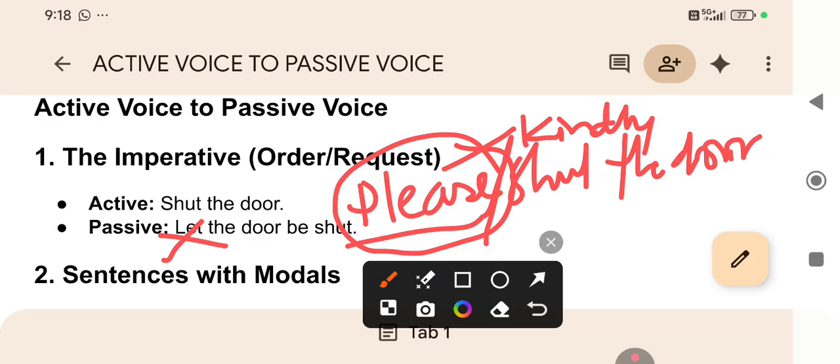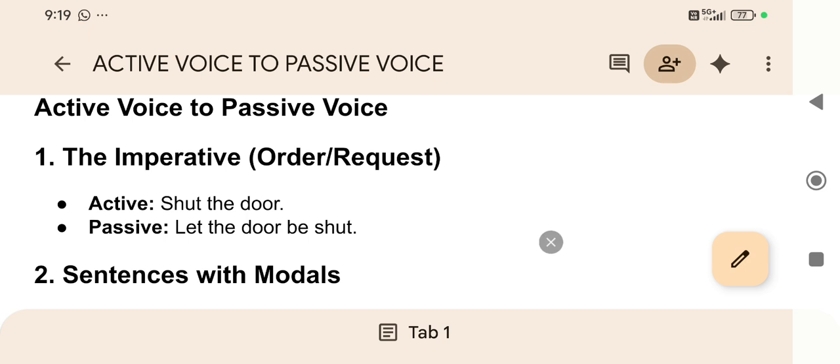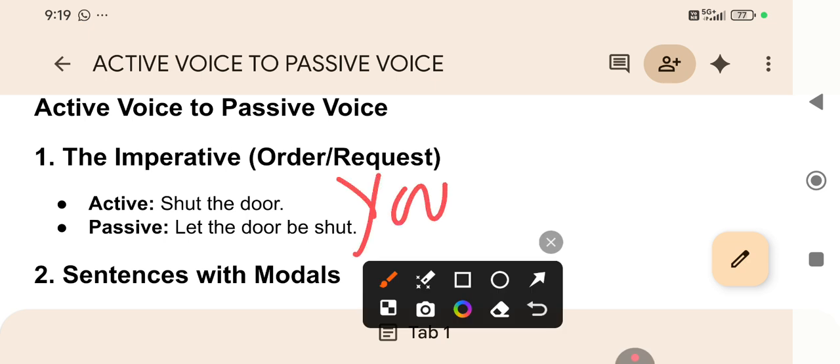You just have to convert the sentence which starts with please or kindly by adding one phrase, that is called you are requested.